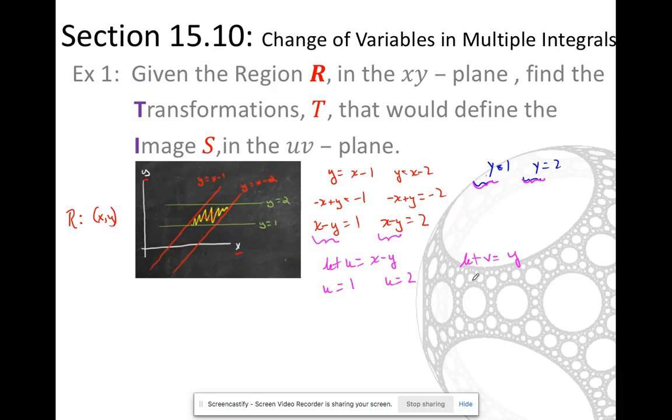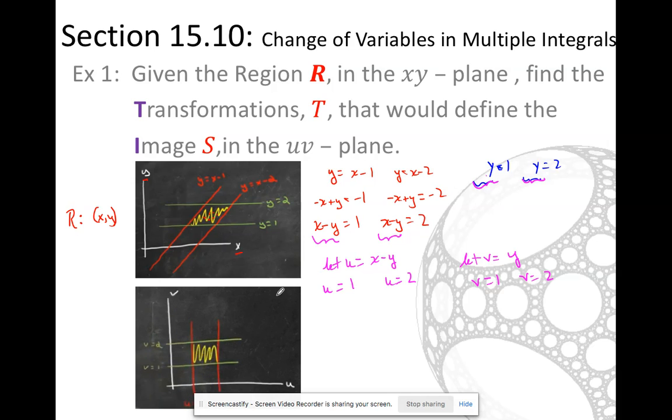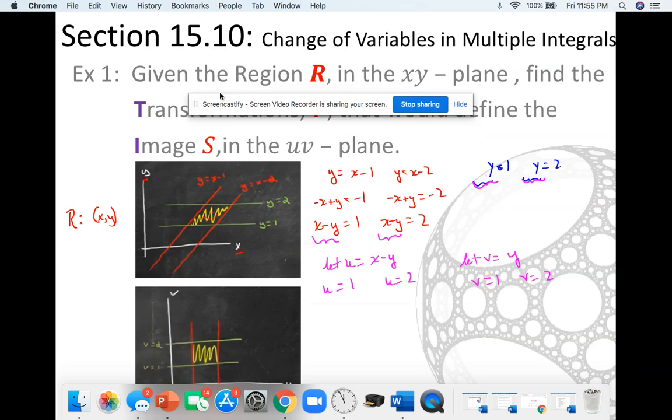Then all of a sudden I have V equals 1 and V equals 2. So I have equations that rename X and Y in terms of U and V. And when I do that, look at my space. No longer in the XY plane, but in the UV plane.